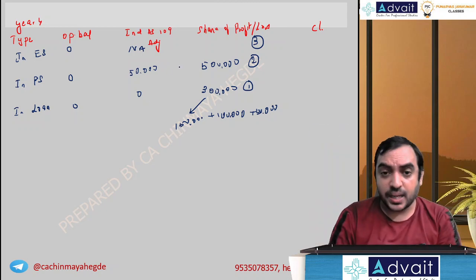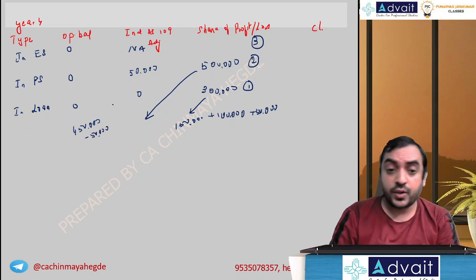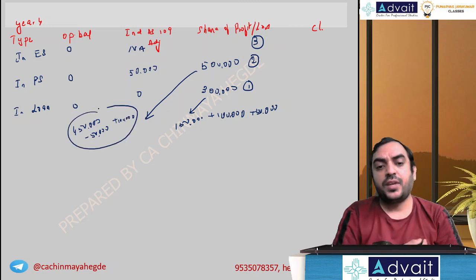So how does this 5 lakh come? Let me show the calculation. First year was 4,50,000. Second year we removed 50,000 so that the Ind AS 109 gain can be reported. And third year we adjusted 1 lakh. So 4,50,000 plus 1 lakh minus 50,000 is 5 lakh.